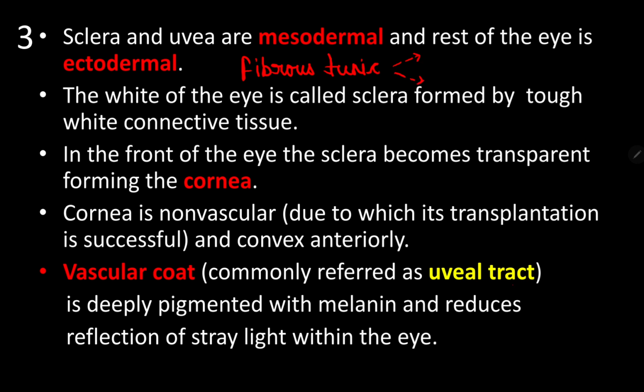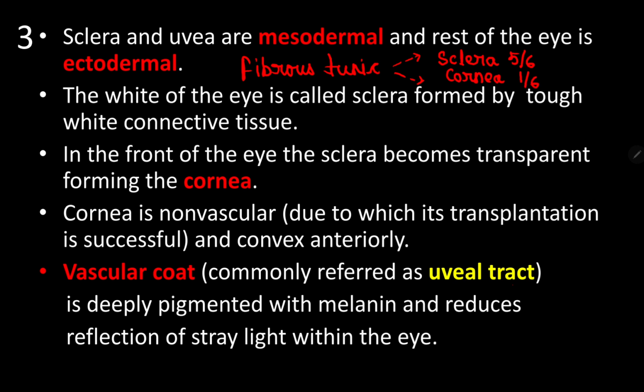One part, which is the inner part, we will call sclera. This inner 5/6 part of the fibrous tunic is called sclera. And then it has an outer 1/6 part also. That outer 1/6 part is called cornea.